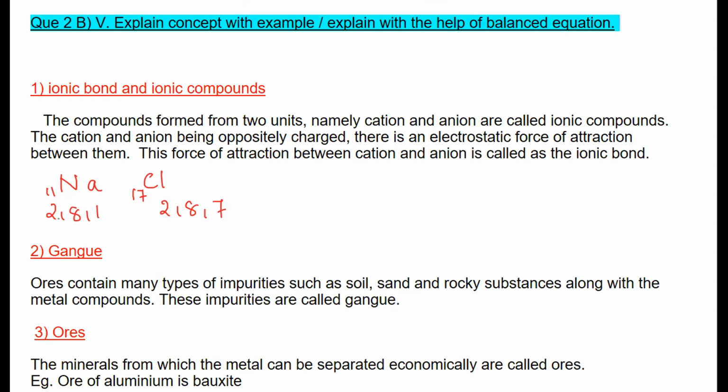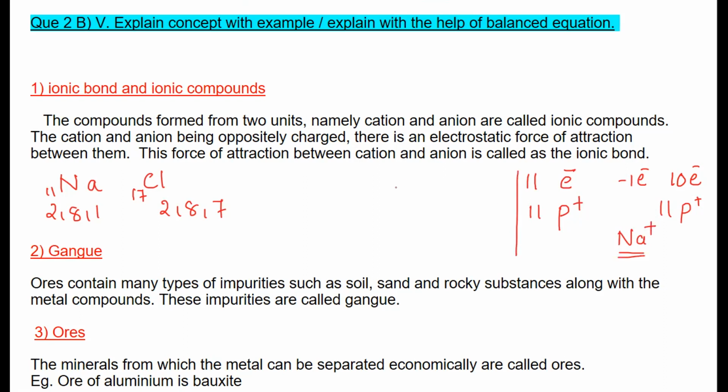Why? Because atomic number 11 means it has 11 electrons and 11 protons. When it loses 1 electron, it has 10 electrons but the proton number is still 11. So one positive charge is more, and sodium becomes a positively charged ion. Positively charged ions are called cations.